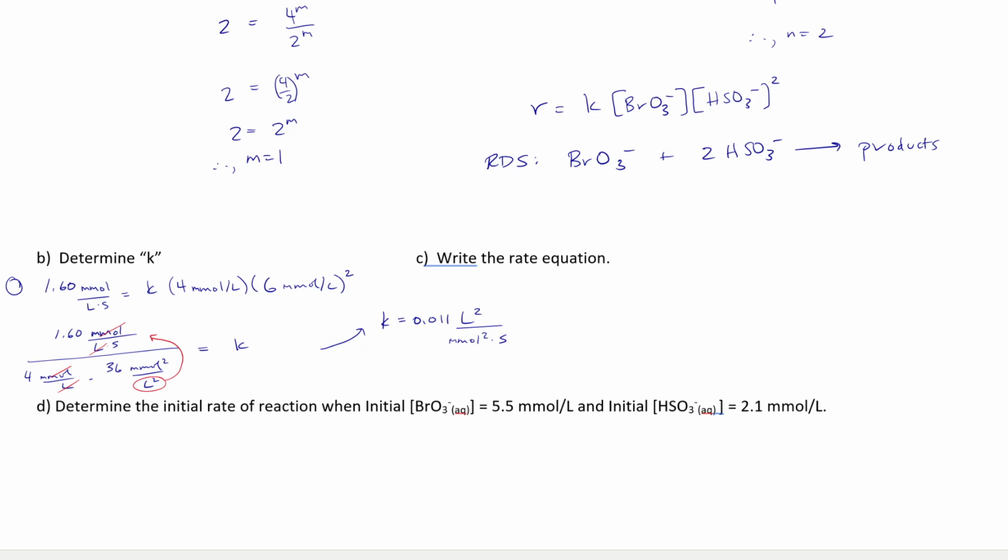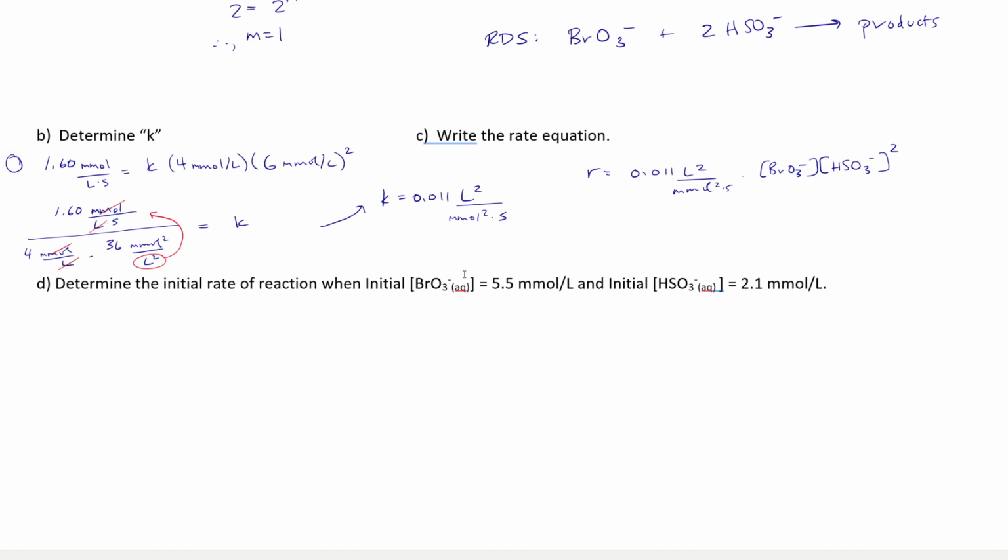So write the rate equation. R is equal to 0.011 liters squared over millimoles squared seconds times initial concentration of bromate times the initial concentration of bisulfite squared. And finally, question D says, determine the initial rate of reaction when the initial concentration of bromate is 5.5 millimoles and the initial concentration of bisulfite is 2.1 millimoles.